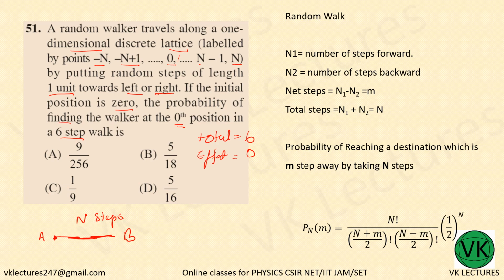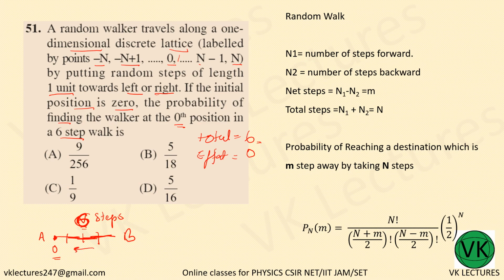So the initial position is 0, let me call it A as 0. Then after taking 6 steps the walker is at the 0th position, which means if he has taken 3 steps forward, he should take 3 steps back.